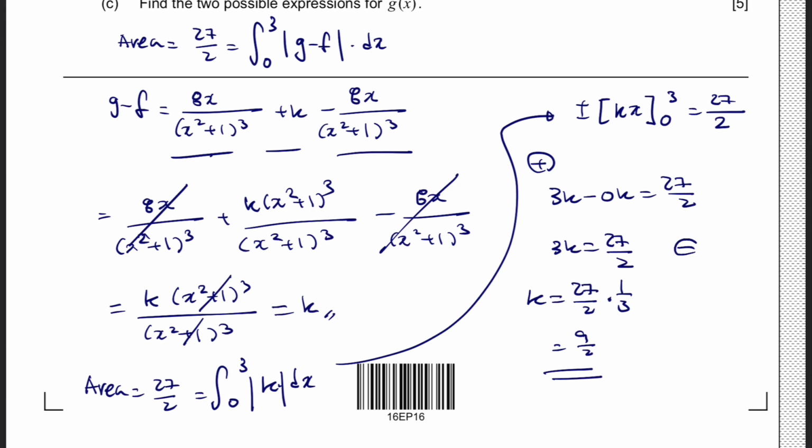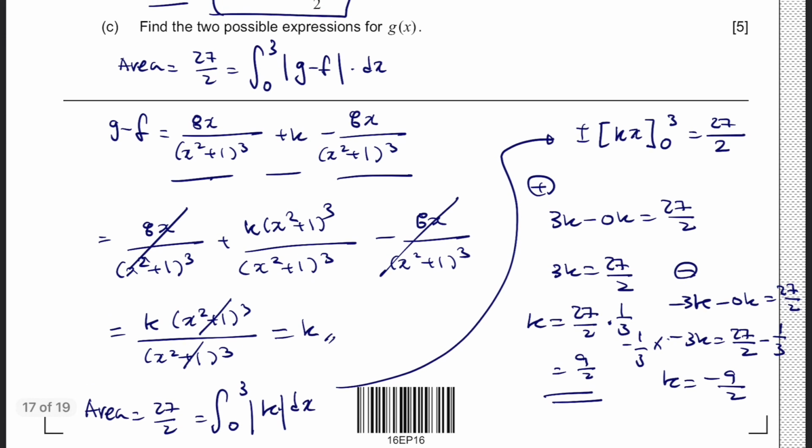Then when we have negative values, we have negative 3k minus 0k equals 27 over 2, which is the same as negative 3k equals 27 over 2. The k value is the same as minus 1 over 3 of both sides, right? And this will give us the value of minus 9 over 2.